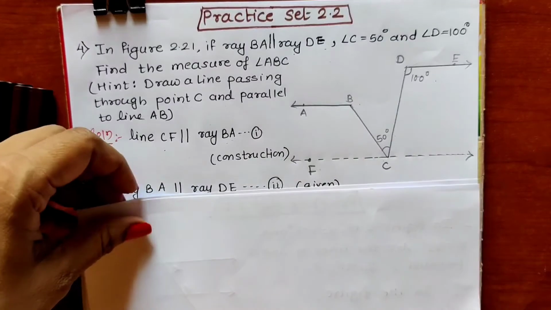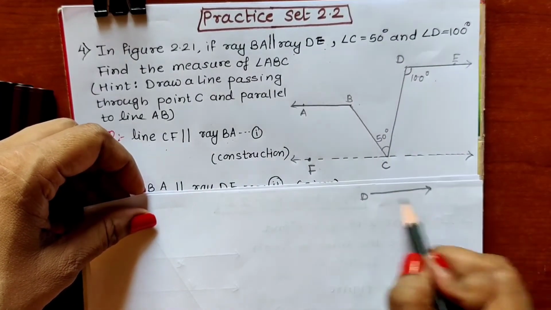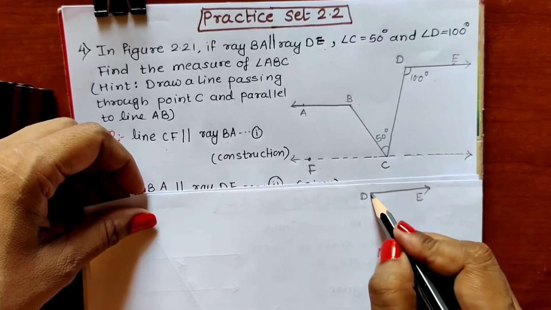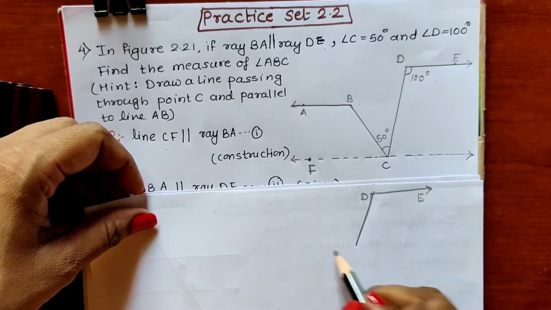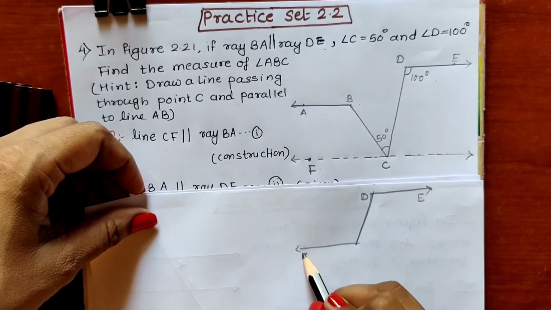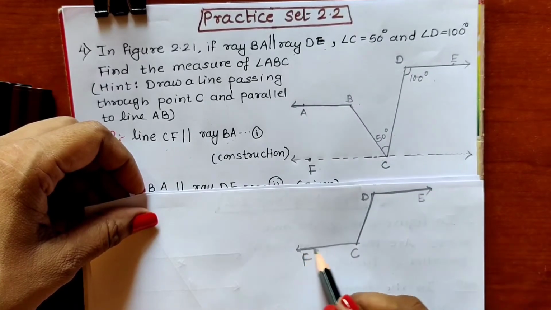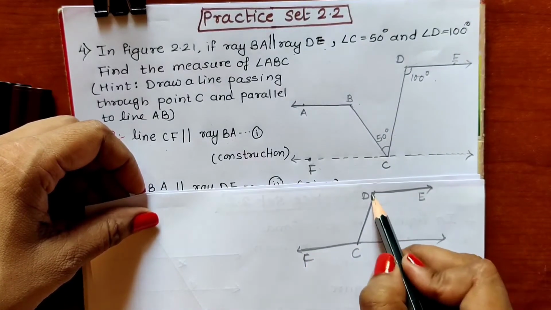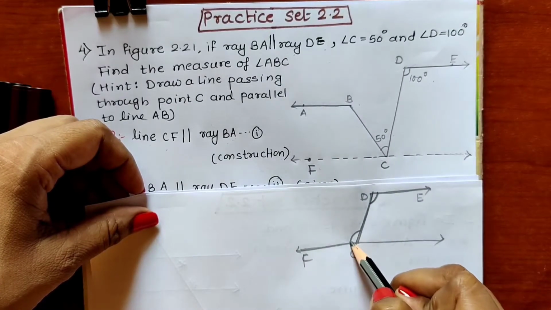So if you observe these two lines, this is ray DE, then one transversal we can see, DC and CF. Okay, this is F, this is C. So this line is parallel to this line, and these two we can see here, angle D and angle C here.